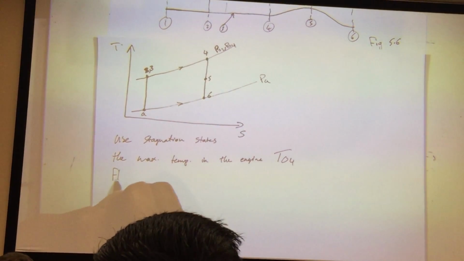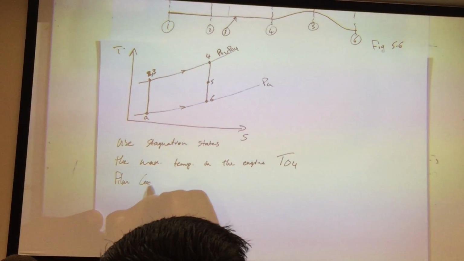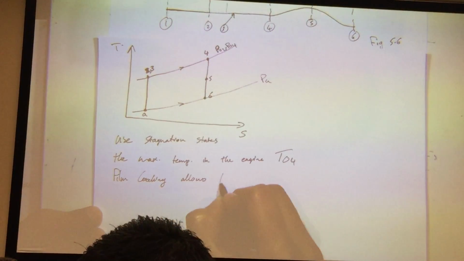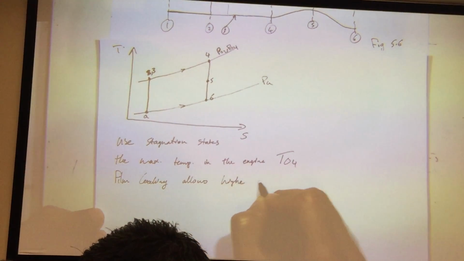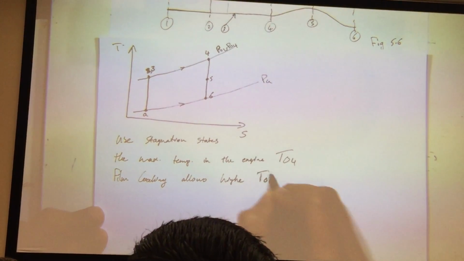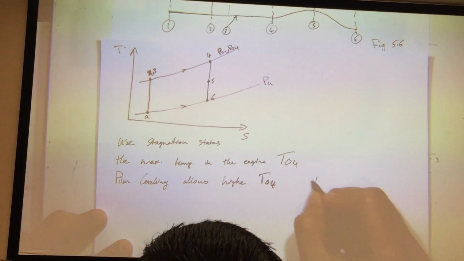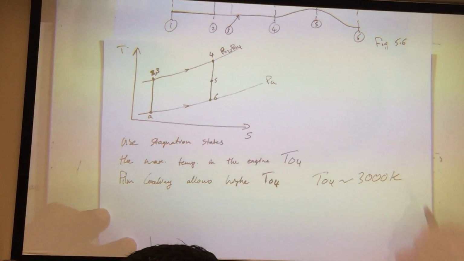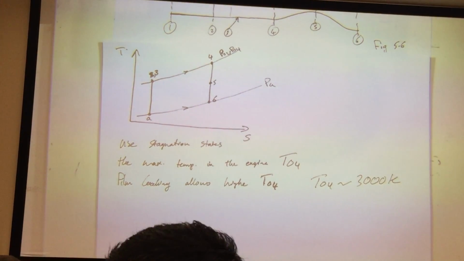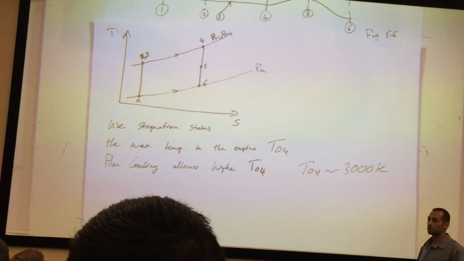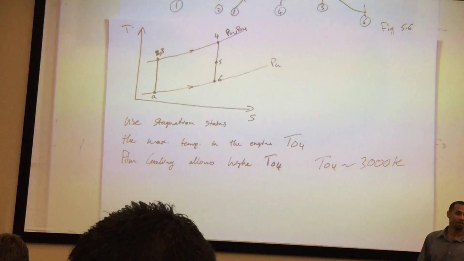So film cooling allows higher T stagnation 4, and you're going to see that's what you need. T stagnation 4 is on the order of 3,000 Kelvin. Jesus. So your metals are actually just melted.